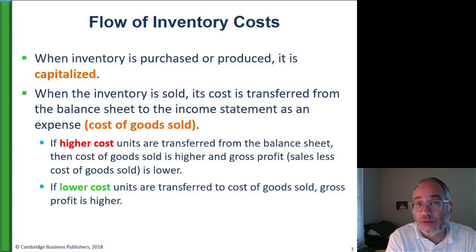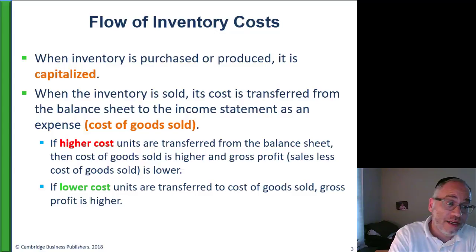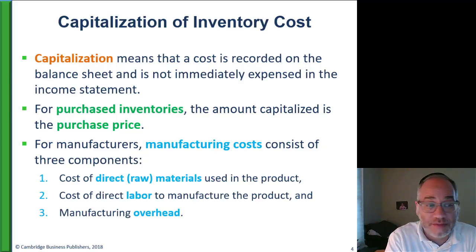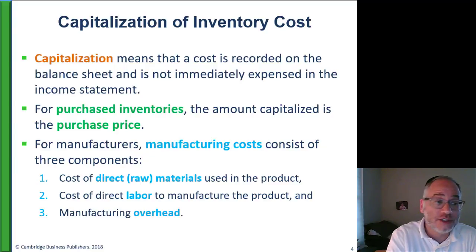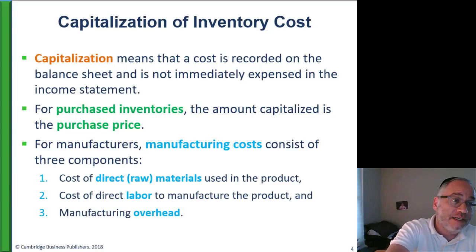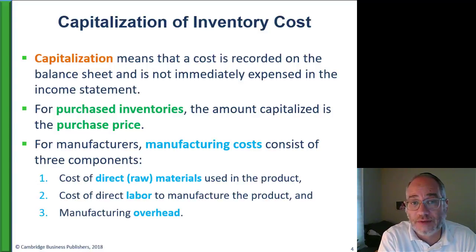Whereas if you transfer the lower cost units, i.e. the ones that were purchased earlier, that would be under FIFO, we'll talk about it, then lower costs would be transferred to cost of goods sold, and therefore the company would be reporting higher gross profit and higher net income. So the inventory costing method that the company uses can actually have a significant impact on income. We'll talk about LIFO and FIFO in just a moment.